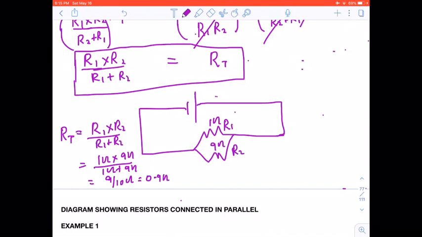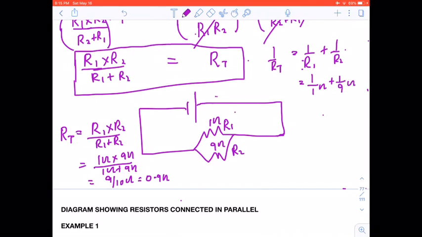Now we could do it this way, or I could have done it this way: 1 upon RT is equal to 1 upon R1 plus 1 upon R2, which means 1 upon 1 ohm plus 1 upon 9 ohms.